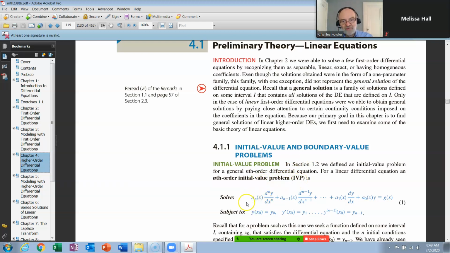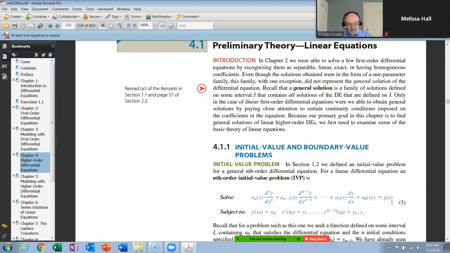It has some coefficient, notice it's only a coefficient of x's, times the nth derivative of y with respect to x, plus some other coefficient that only has x's in it times the next lowest derivative of y with respect to x, and keep on going down and down until you finally get to a sub 3 of x times y triple prime, a sub 2 of x, again only coefficients that are functions of x, times the second derivative of y with respect to x, plus a sub 1 of x times dy/dx, plus a sub 0 of x times y. And then over on the right you have some function of x, g of x.